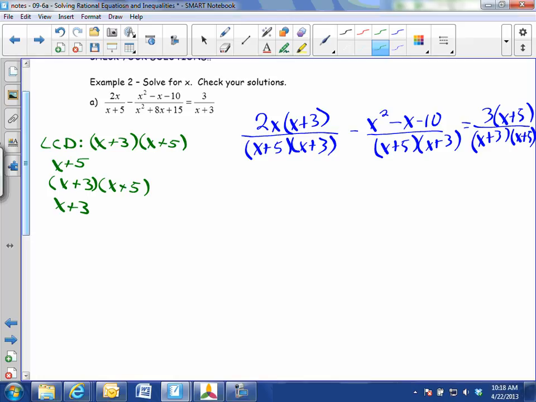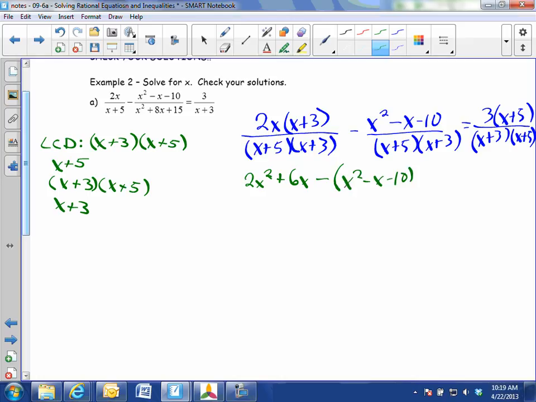So how do you combine those two together, right? Yes. All right, so we're going to have the same denominator, so we can actually subtract these. So I would distribute through, so I'm going to have 2x squared plus 6x. And then we are subtracting this whole thing.